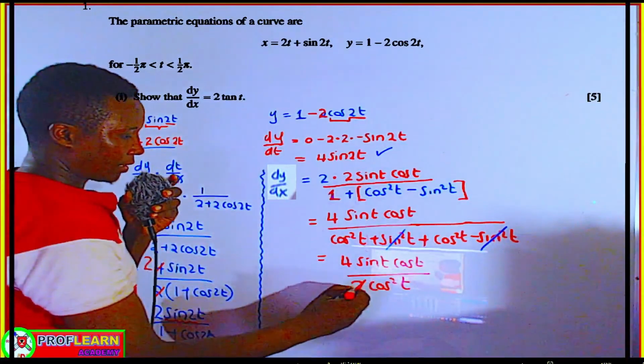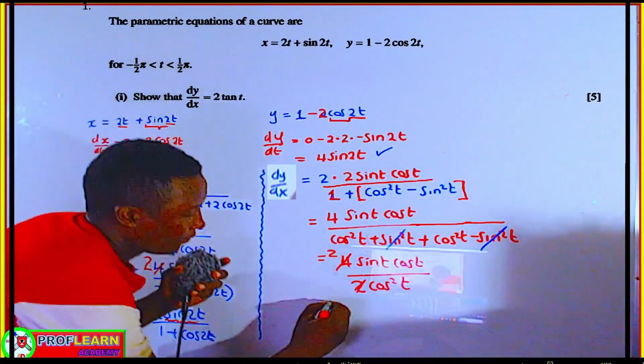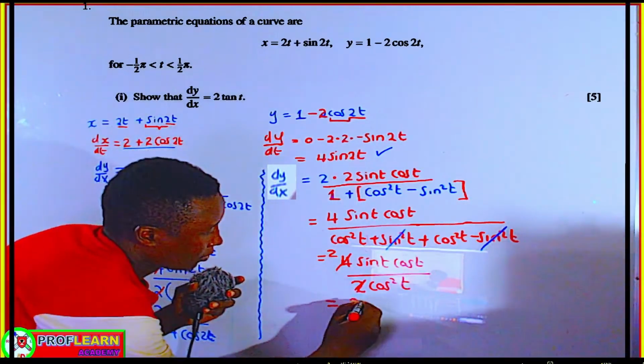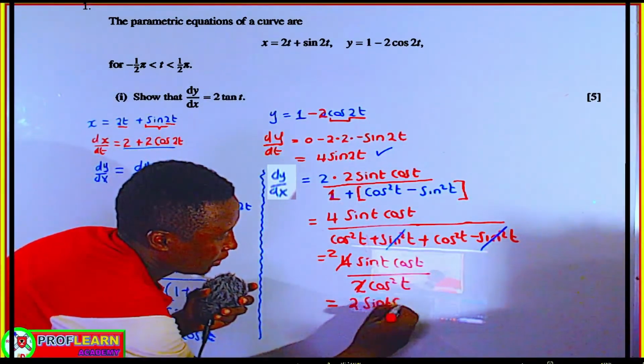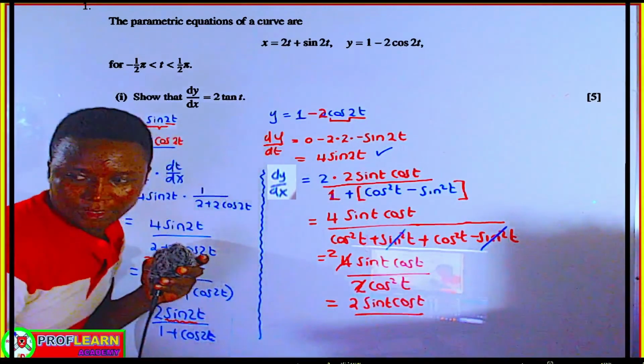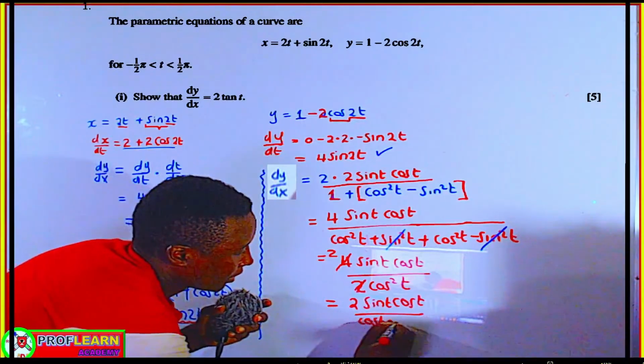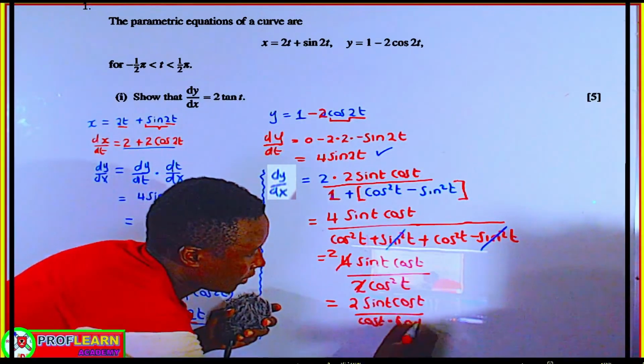So this part and this part are going to cancel, and we shall remain with 2, and definitely we shall have 2 sine t cos t, and since this is squared, it means that this is the same as cos t times cos t.